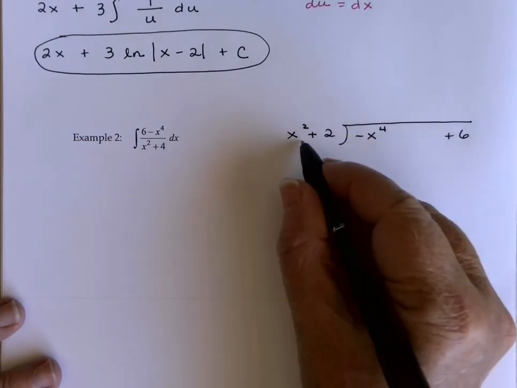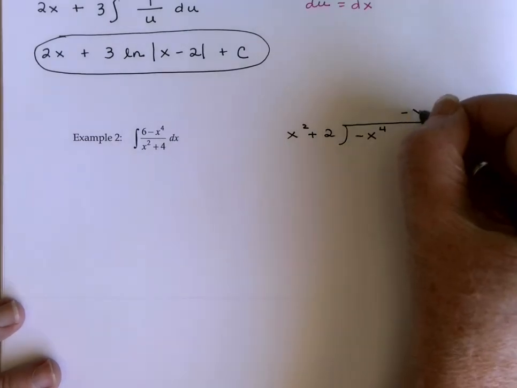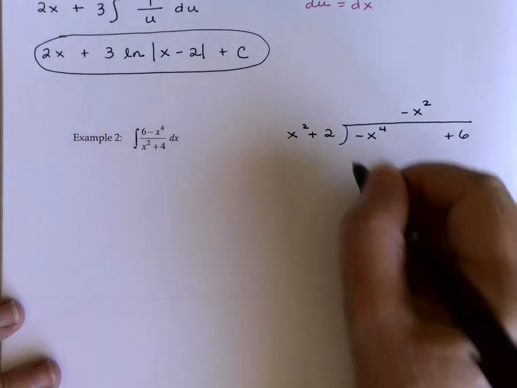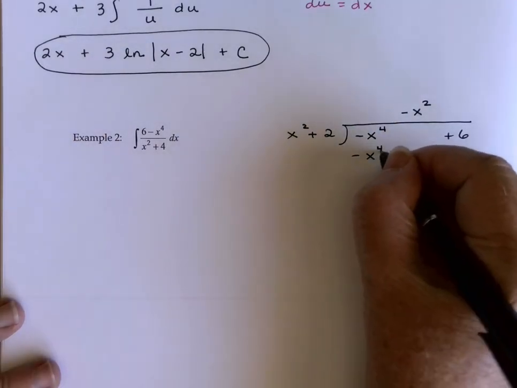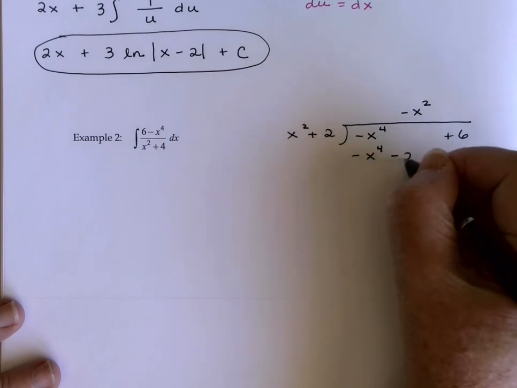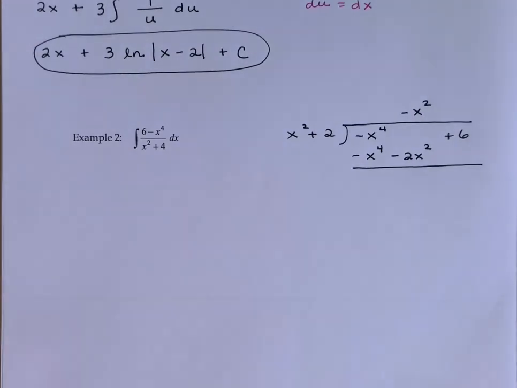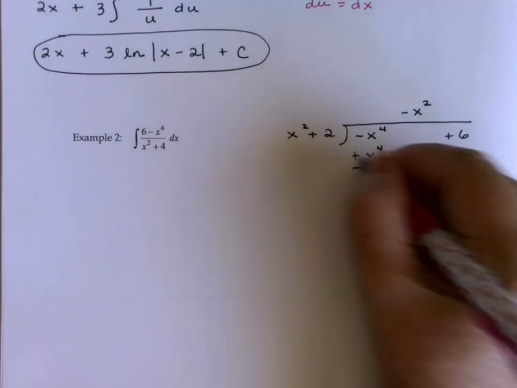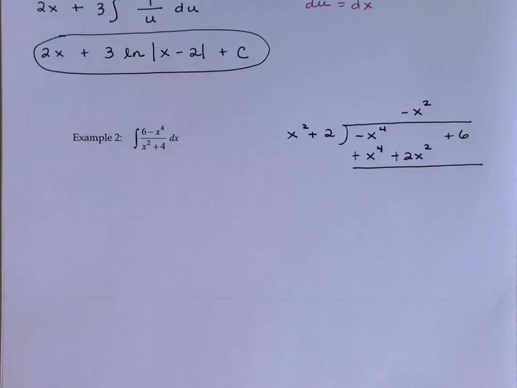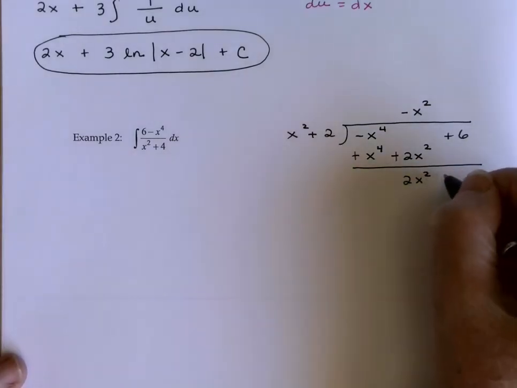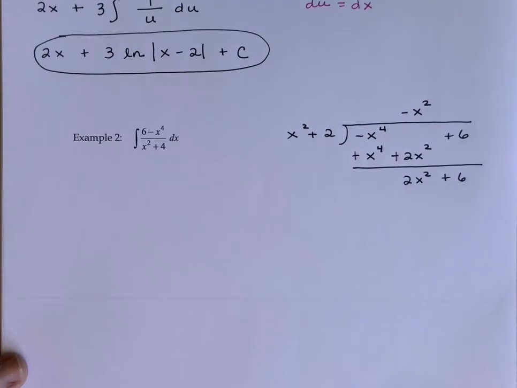Negative x to the 4th divided by x squared would be minus x squared. We'll multiply to get minus x to the 4th minus 2x squared. And again, I have to subtract, so that makes them both positives. 0 here, and I get 2x squared plus 6.